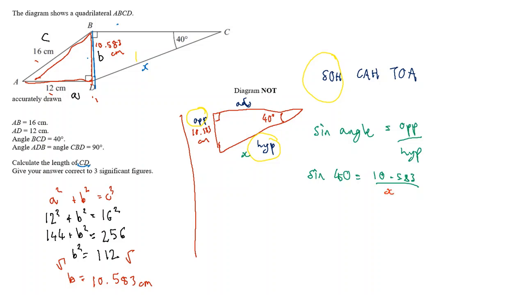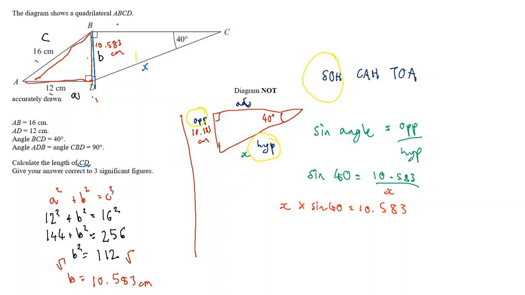We want to get it so it's x equals, so my first step is to multiply by x, giving me x times sin 40 equals 10.583.